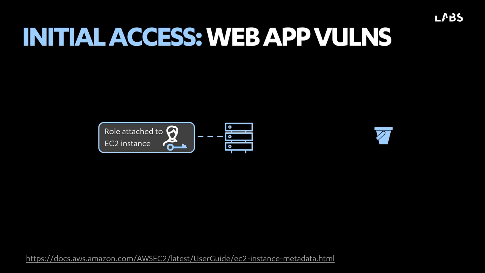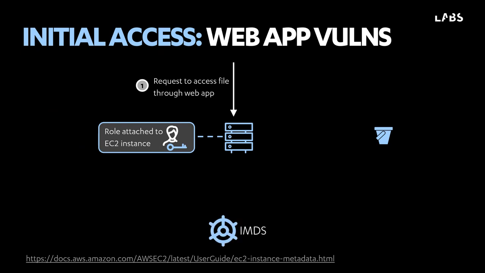And then what we can use is the instance metadata service to basically make use of that role within our application's functionality. So let's say we have a simple web application that provides us with the information that's stored in the S3 bucket in the same account that our EC2 has access to. So we make a request. Our EC2 then reaches out to the instance metadata service and says, I need to perform my normal role, and so I need some credentials that align with that.